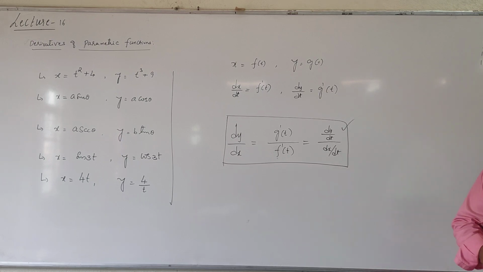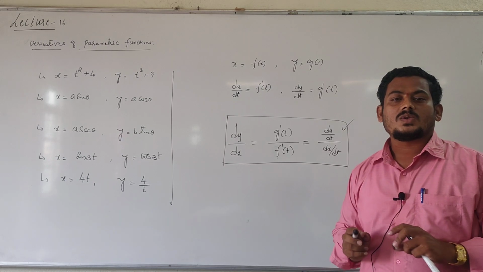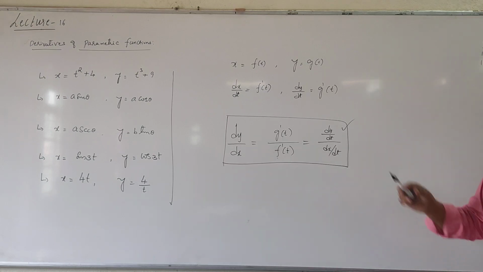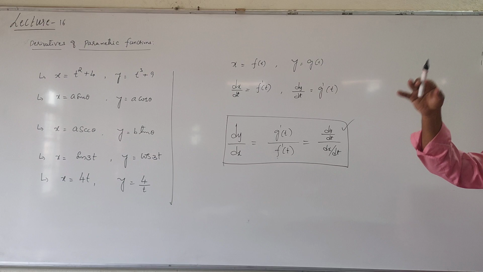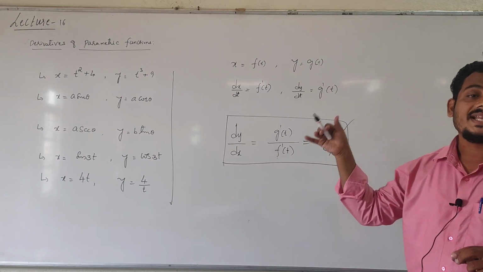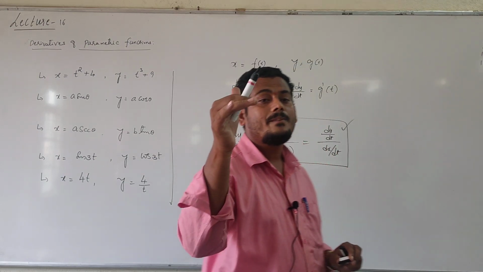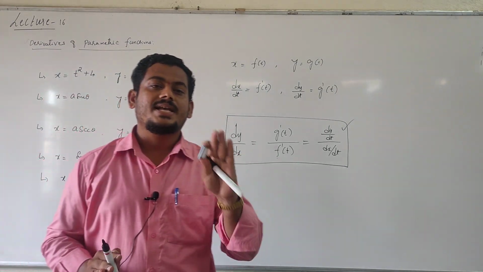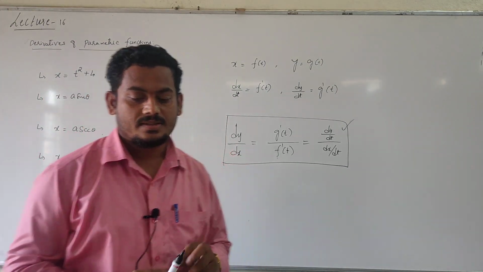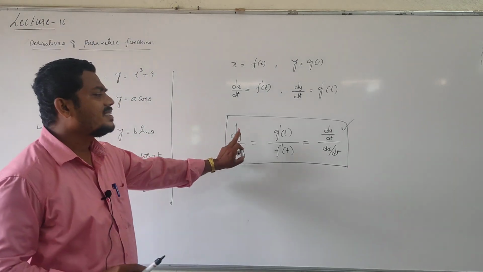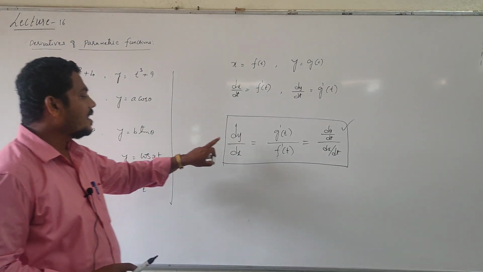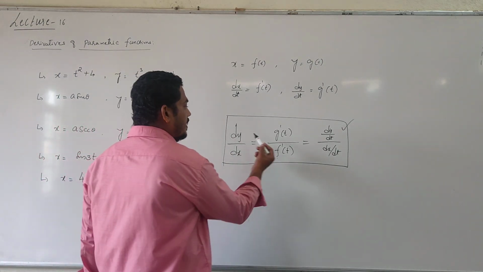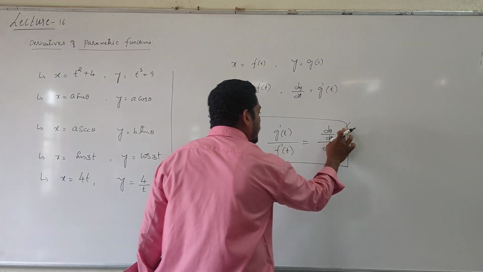This is dy by dx of x equal to f of t and y is equal to g of t. Derivative of second function with respect to t divided by derivative of first function with respect to t, it gives dy by dx of parametric function, right? Just remember this formula for finding derivative of parametric function. This is very important.